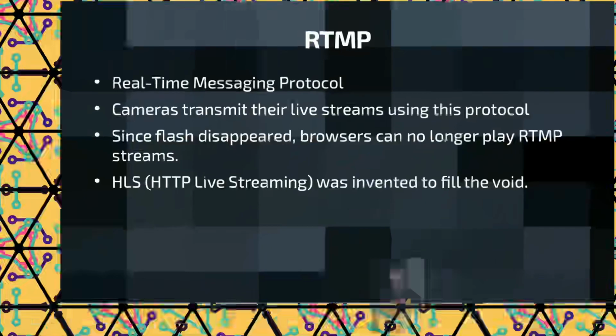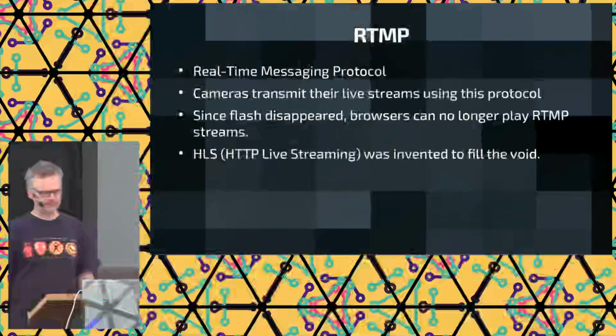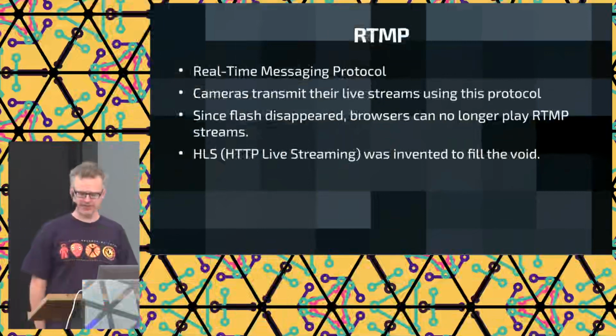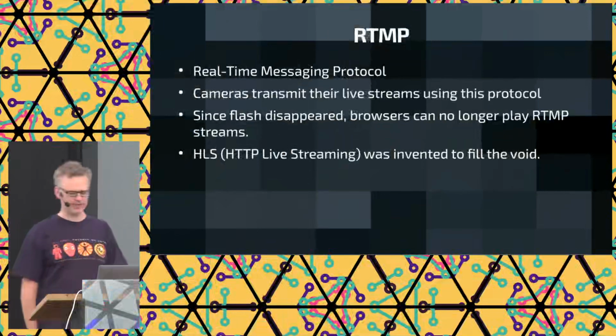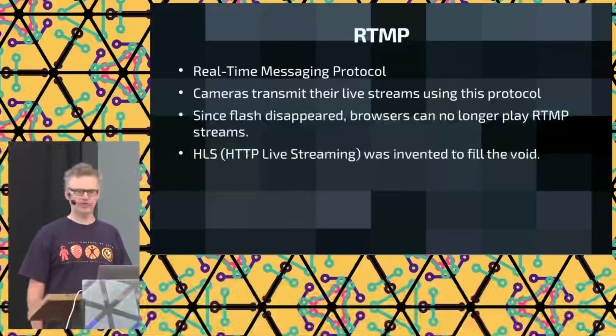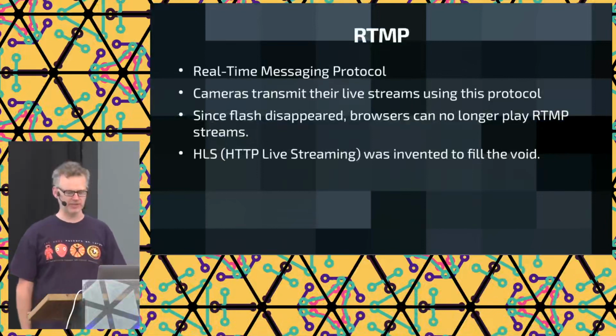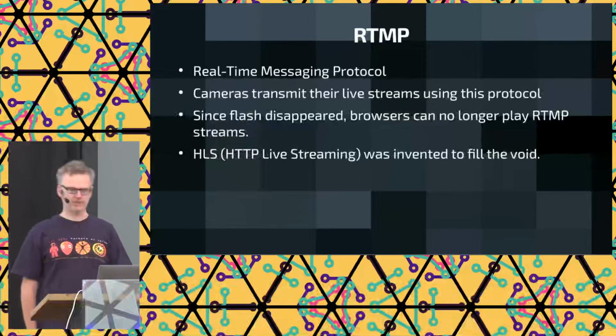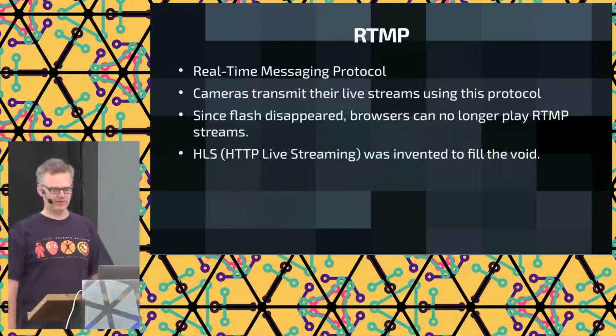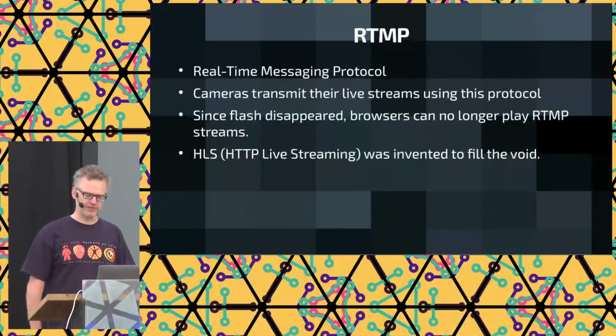Okay, so let's talk about RTMP. RTMP is the Real-Time Messaging Protocol. It's a proprietary protocol developed by Macromedia back in the days of Flash to communicate between the streaming server and the Flash running on the PC. And so it's proprietary, so why is everyone using it? Well, after Adobe bought Macromedia, they published an incomplete spec for public use.